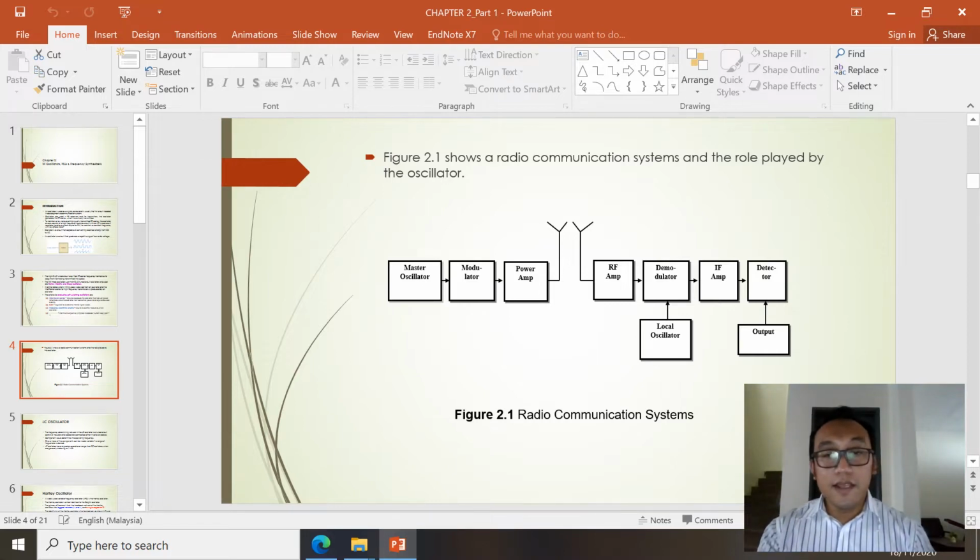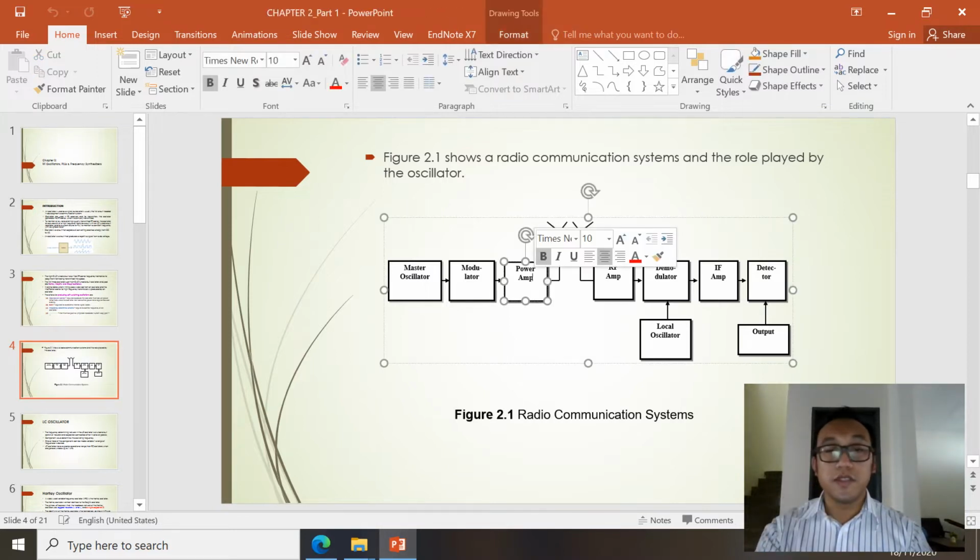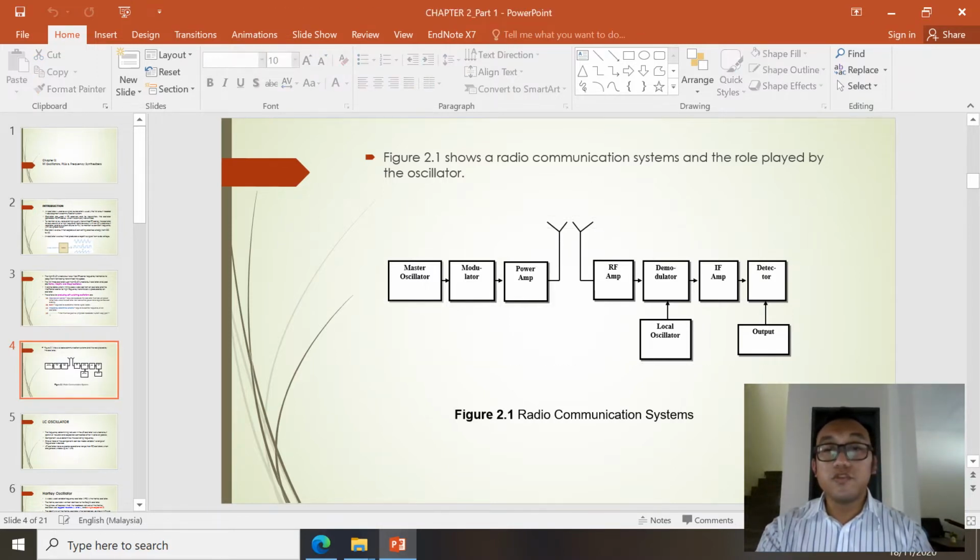And then the third is amplify. The combination process will cause a lot of losses. That's why we need the amplifier to boost the power before we transmit.